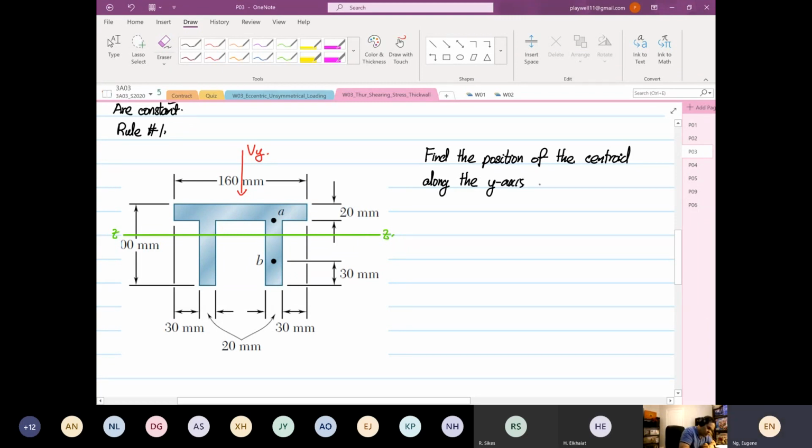We want to find the position of ZZ. And as I said, I'm not going to do it. It's really straightforward, like what we learned two weeks ago. So this will be equal to 35 millimeters from the top.